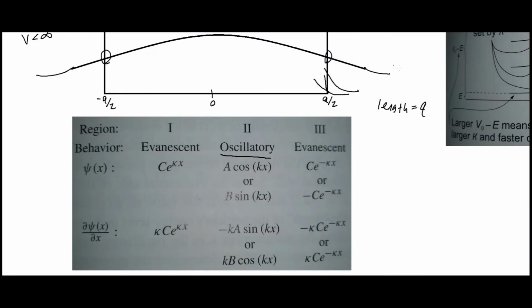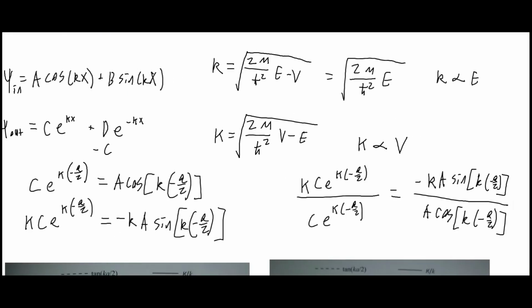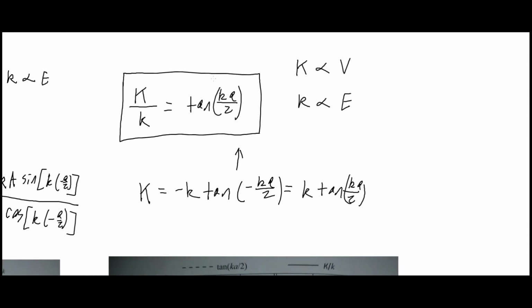I'll show later on that we could actually vary A, and that will give us different energies. But the takeaway point here is that we are using a specific kappa, a specific potential, and we are varying k, which is proportional to the energy.